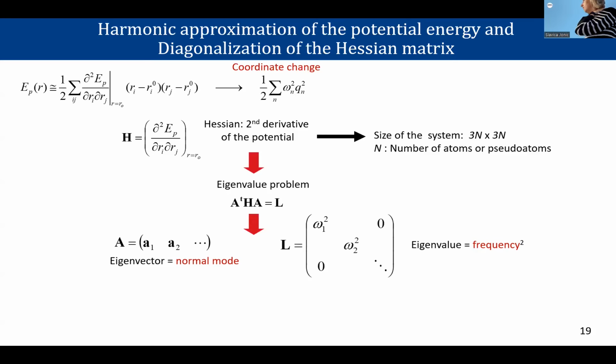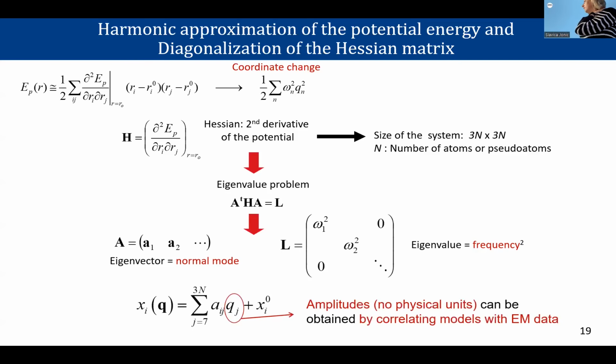The diagonal elements of matrix L are the squares of the frequencies of the normal modes, the eigenvalues. And this is how you displace coordinates using a sum of normal modes given their amplitudes, which we don't know.